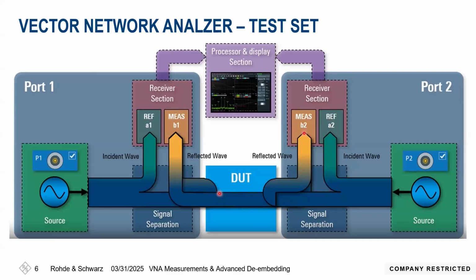In this way, we can see the transmission behavior of our DUT. The same goes when the stimulus is generated through port 2, seeing the reflection behavior at port 2 of our component and analyzing the reverse transmission behavior at port 1 of our device under test. After this test set, the signal is processed and displayed on the vector network analyzer.